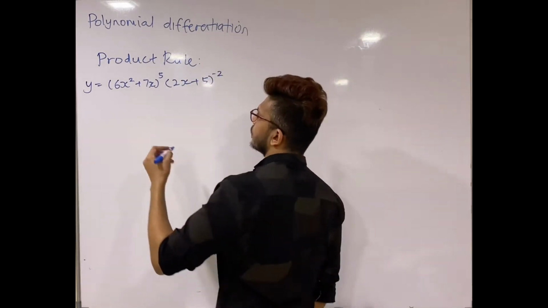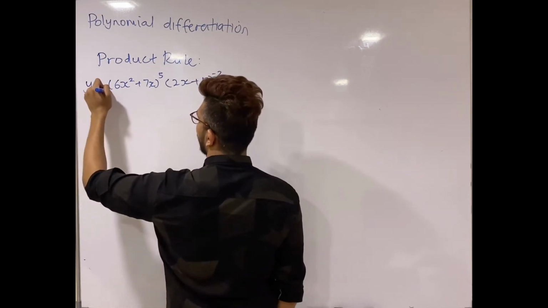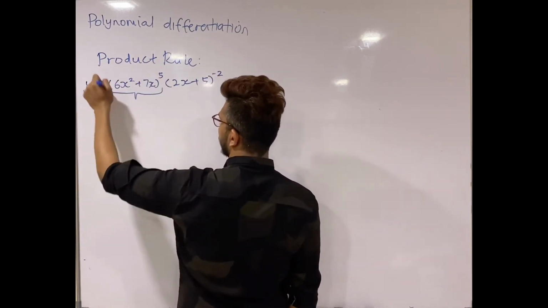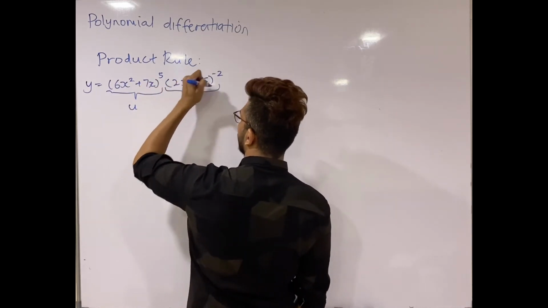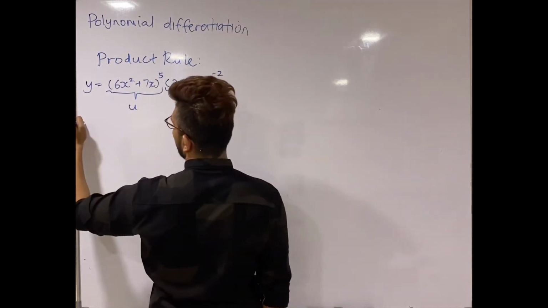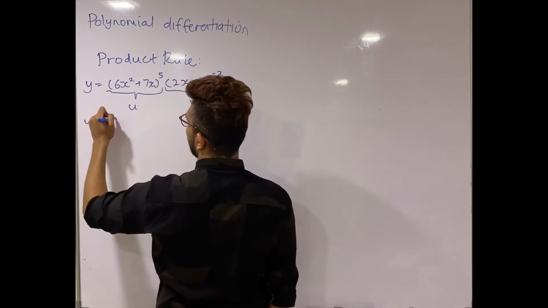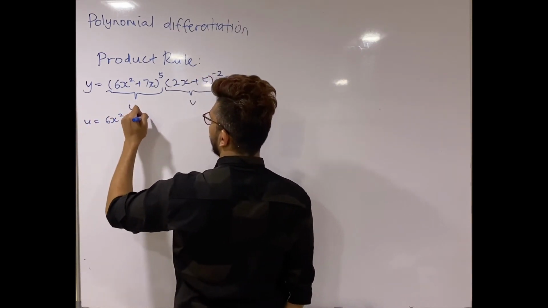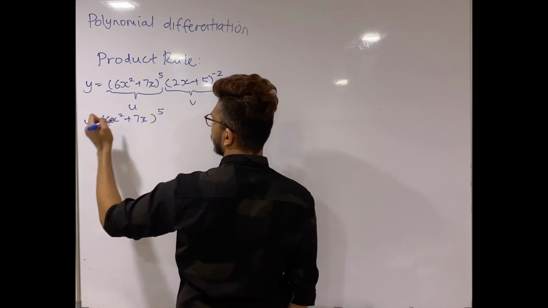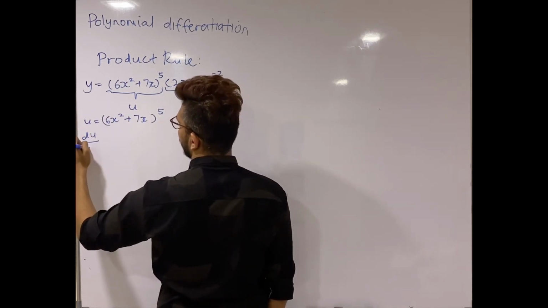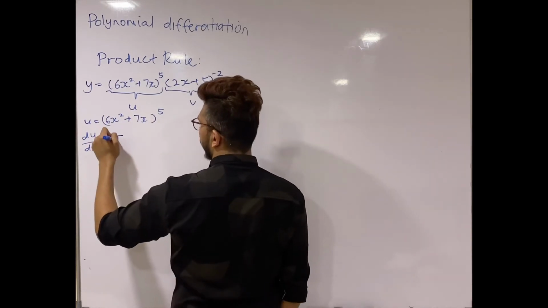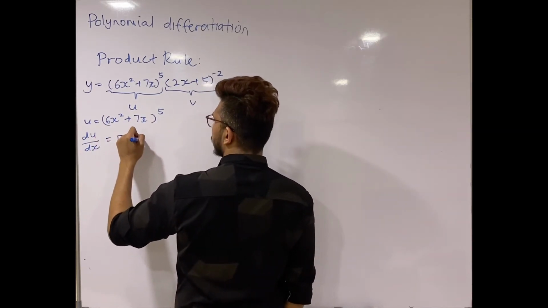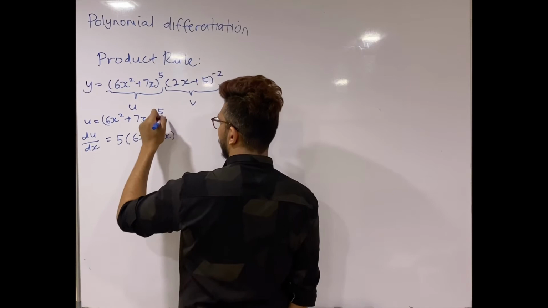First step, define the first entire term with the bracket as u and the second one as v. So your u is going to be (6x squared plus 7x) to the power of 5. We are going to differentiate this using the composite function again. So 5(6x squared plus 7x) to the power of 4.